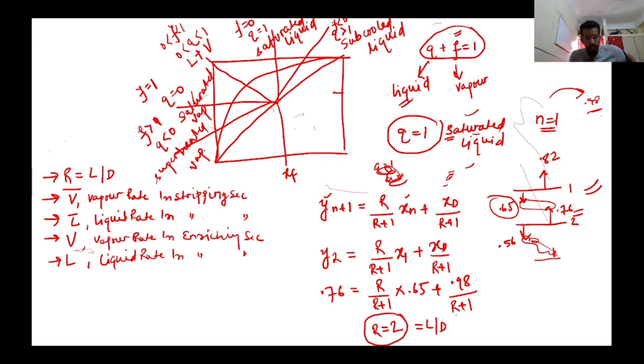Another important thing is to calculate the vapor rate in the stripping section, that is we have to find V dash. The equations which relate the flow rates in the stripping section and the rectifying section: L dash is equal to L plus qF, F is feed. And V is equal to V dash plus (1 minus q)F.